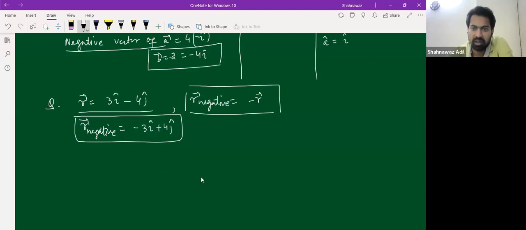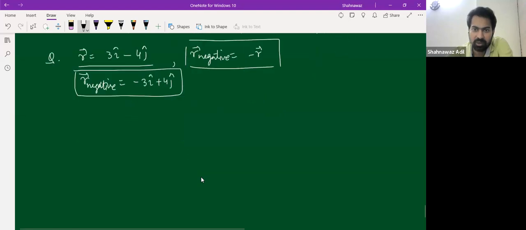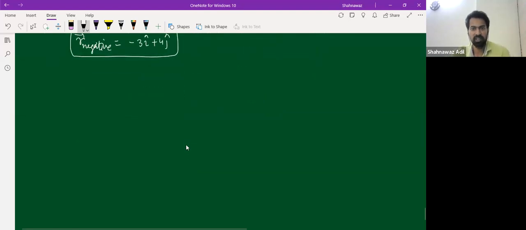This part we have already learned, but let me tell you about it. We now know that we can represent any vector like this.